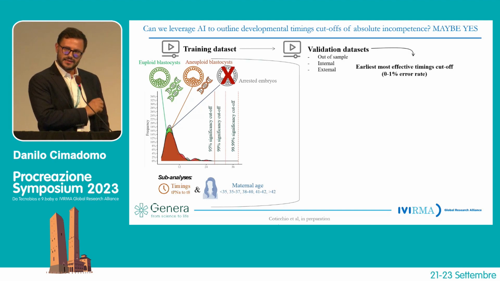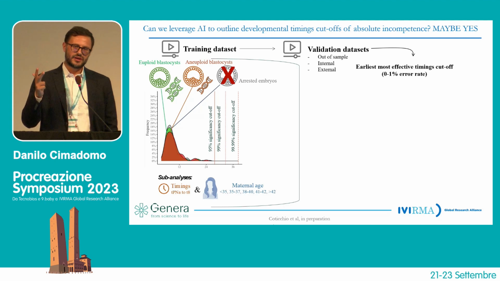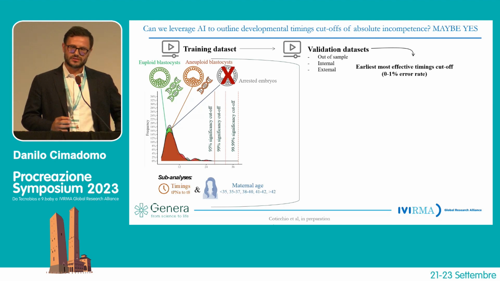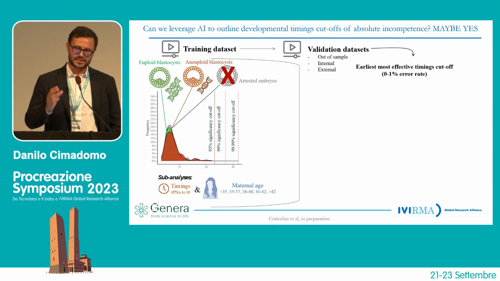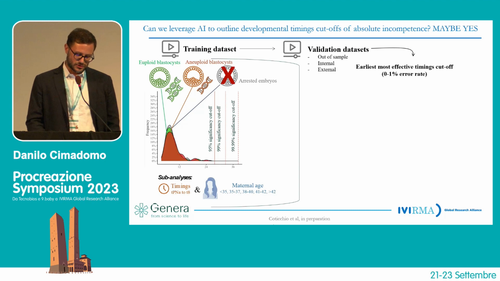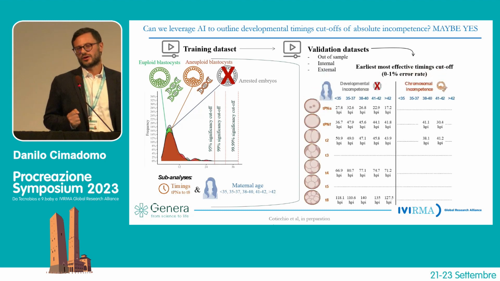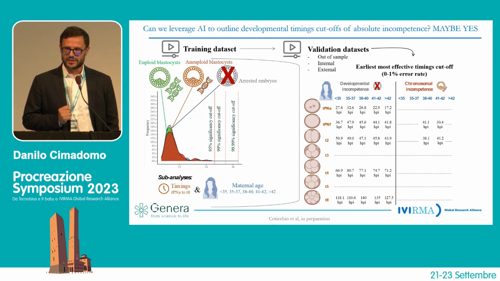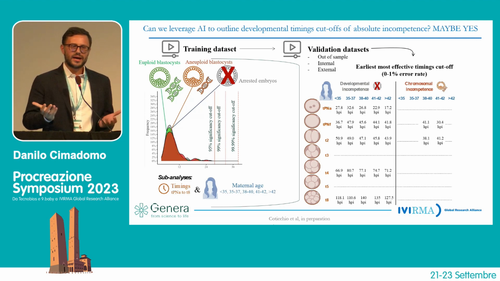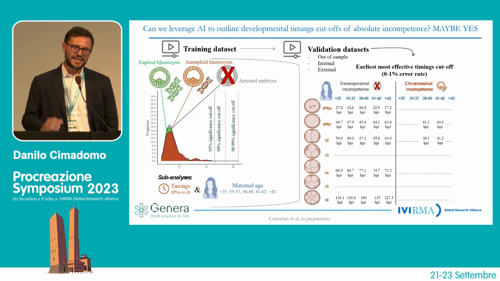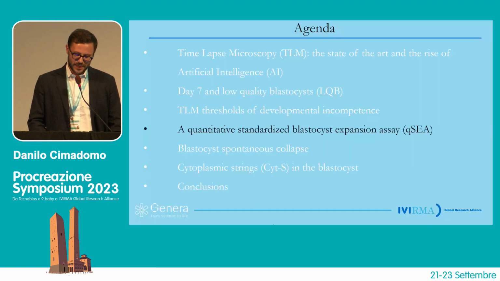This training data set was then validated in 3 further data sets, 2 internal and 1 external from Bologna. When these thresholds resulted in less than 1% risk that the embryo would become a blastocyst or a euploid blastocyst beyond that, we called it a cutoff of developmental incompetence. So again, you see how, leveraging time-lapse and artificial intelligence, we can produce clinically relevant information.